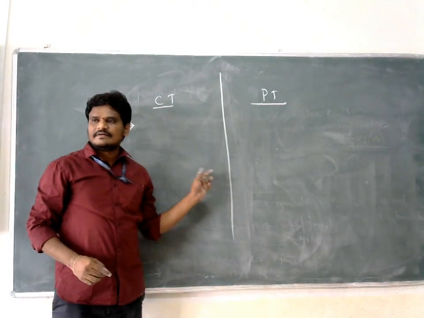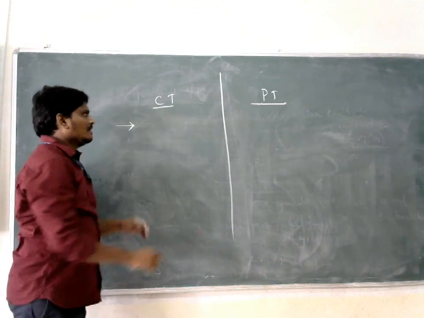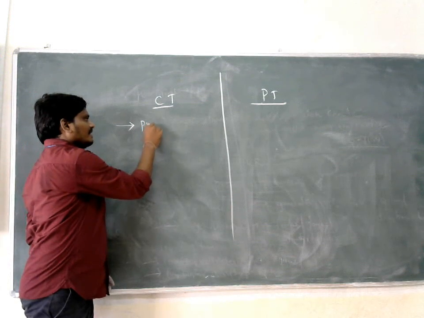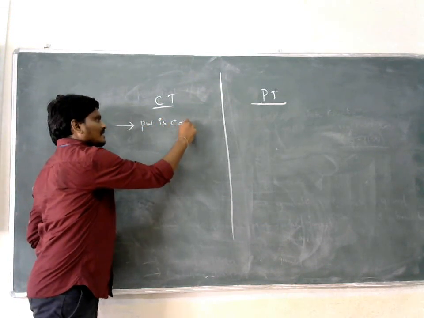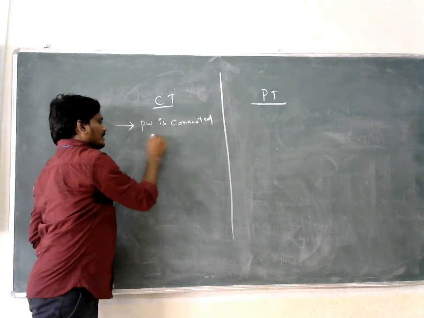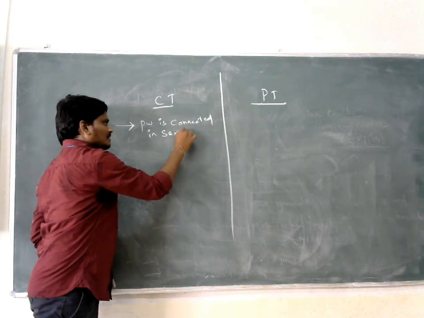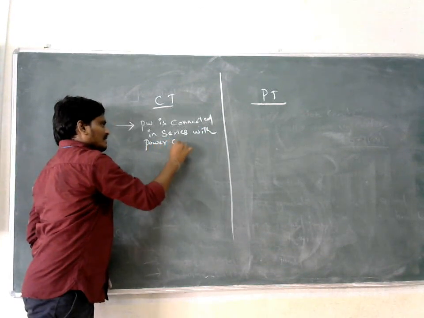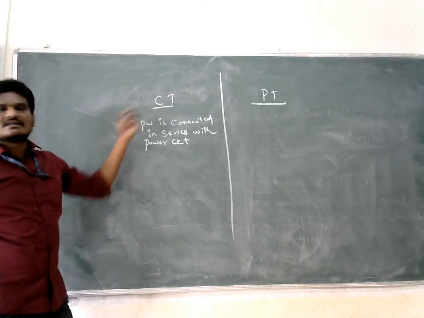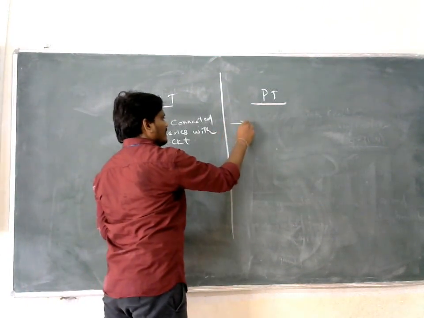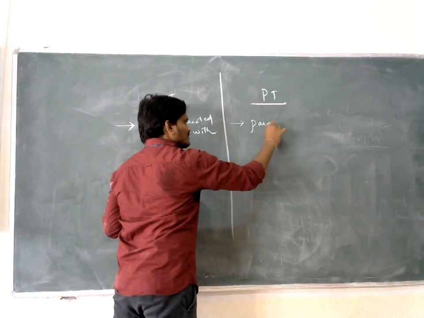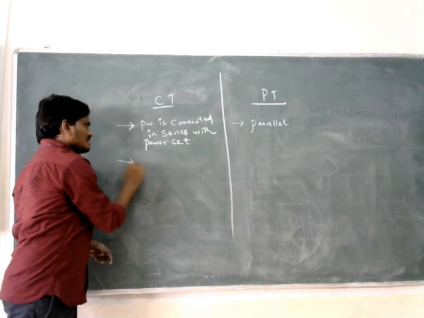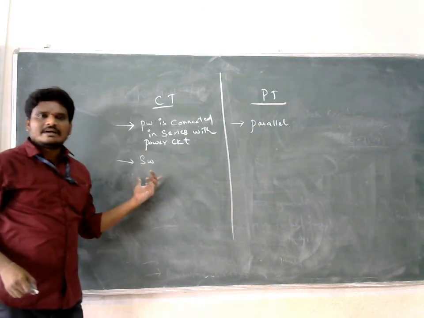Regarding the connection of primary winding and secondary winding, the primary winding is connected in series with the power circuit in case of a current transformer, and the primary winding is connected in parallel with the power circuit in case of a potential transformer. Coming to the secondary winding connection, here the secondary winding is connected to what?